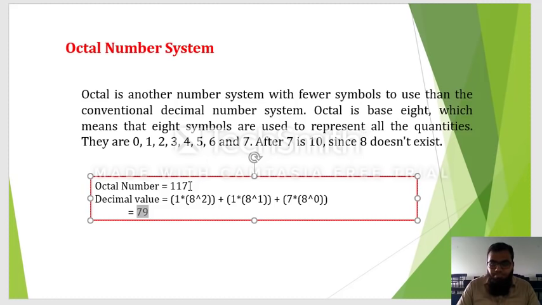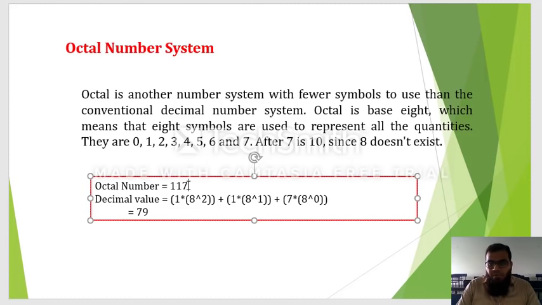Right, ma'am? Have you understood this? Only thing is places. 7 is the 0th place, then 1, 2, like that we have to consider the places. And we need to multiply with the base. Base into exponent, that means base power exponent into that number that we need to consider here.